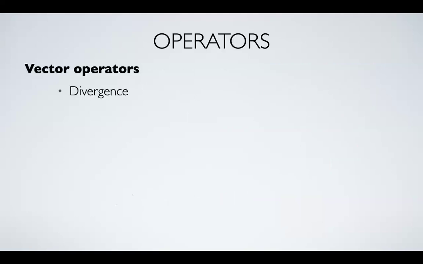Another vector operator that we're going to talk about is divergence. The first one we have is del, right? Next one is divergence. So divergence is actually the dot of the vector, which is del is vector, right? And vector A is also vector. So vector dot vector, the product, is divergence, okay?